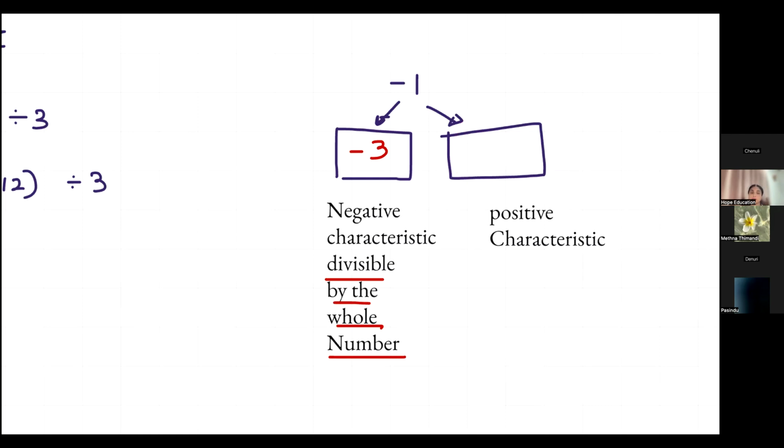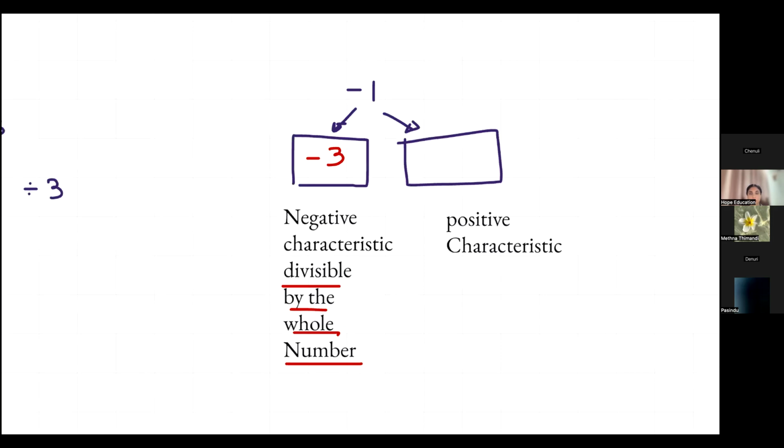What positive number gives us minus 1? If 3 comes here there is a small problem: minus 3 plus 3, the answer would be 0, not minus 1. So not plus 3. Any other answers?